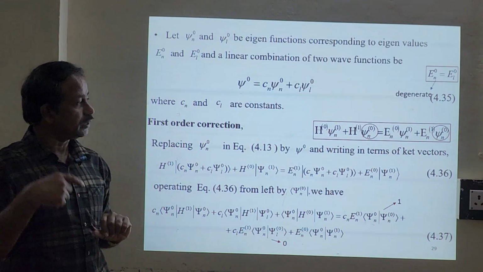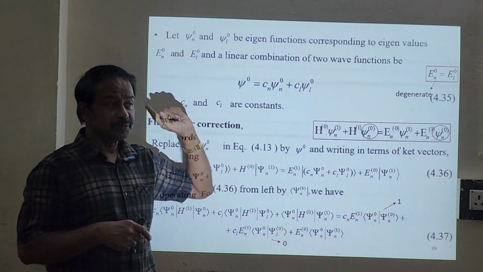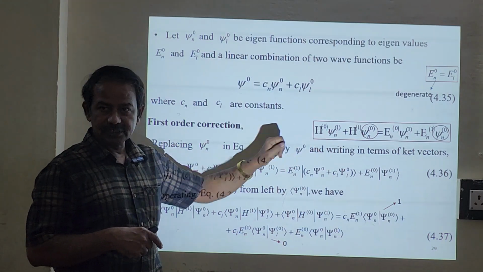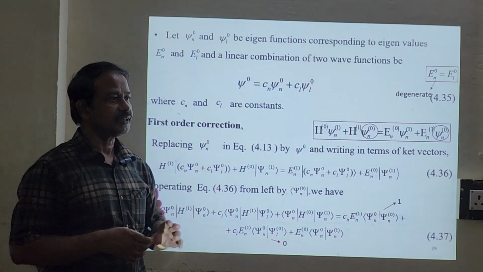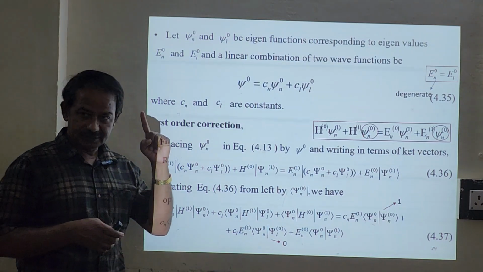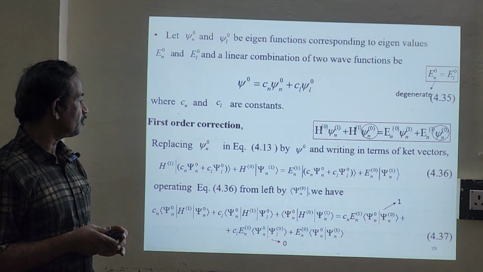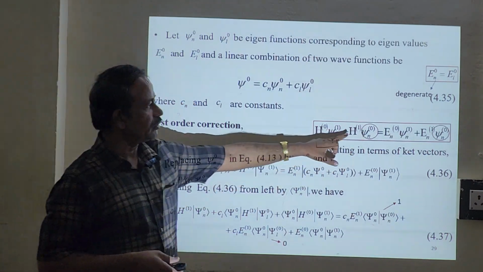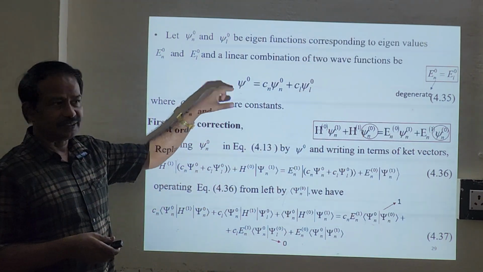Now we know the first order correction from the non-degenerate case. We have already discussed this equation, the first order correction for the non-degenerate section. Now we are going to replace psi n0 with psi 0.